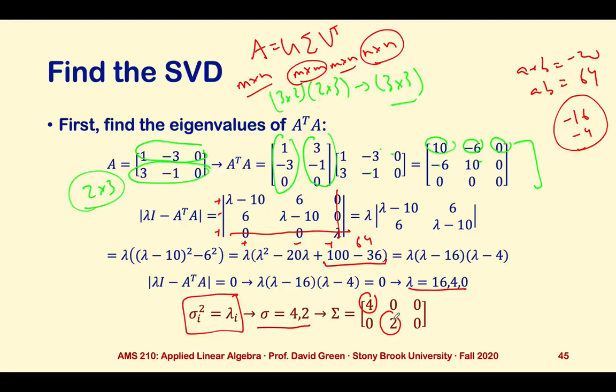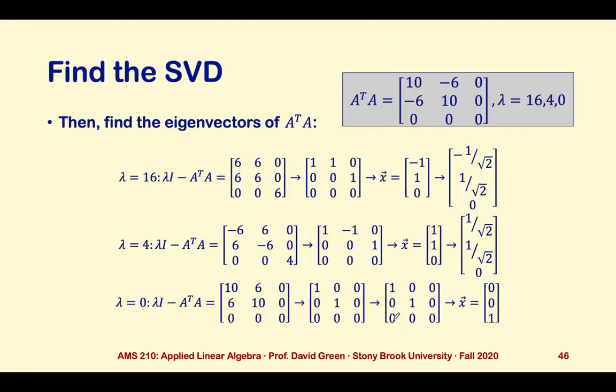The next step is to find singular vectors. We begin by continuing to look at A transpose A, the matrix shown here, with eigenvalues of 16, 4, and 0. And we find the eigenvectors associated with each of these.